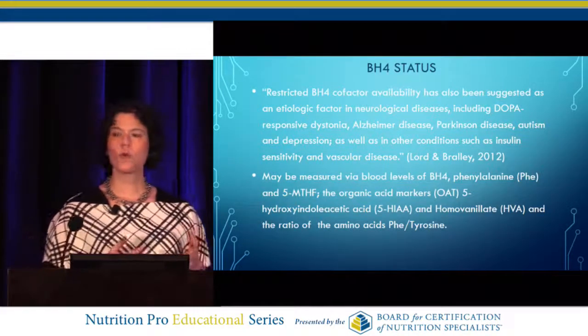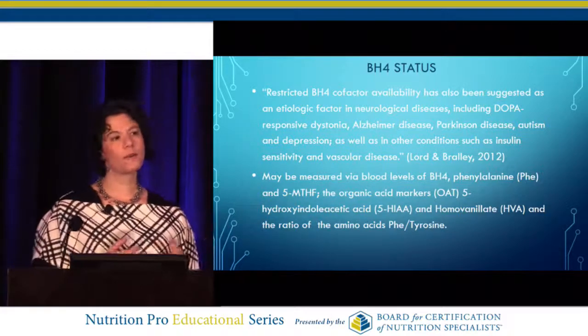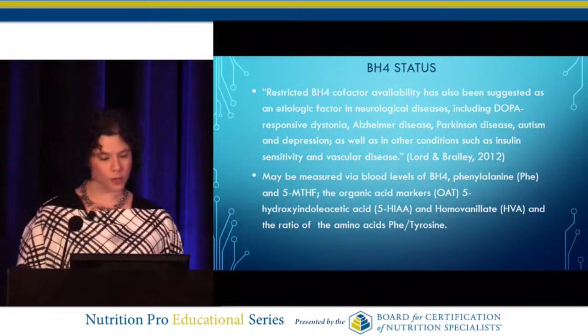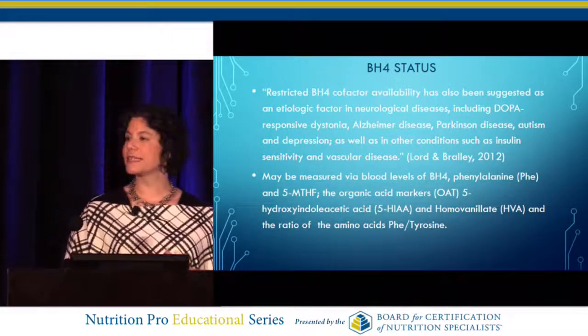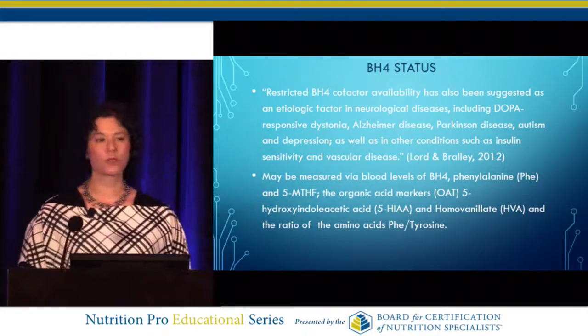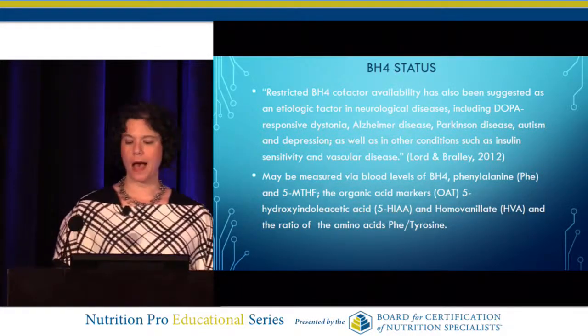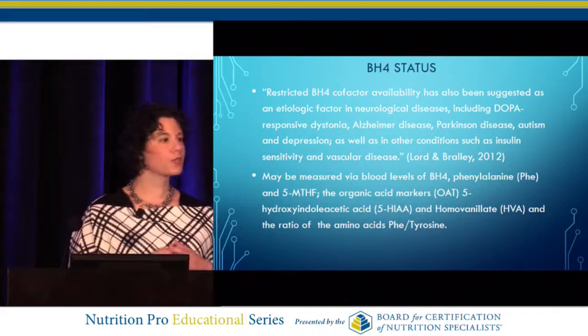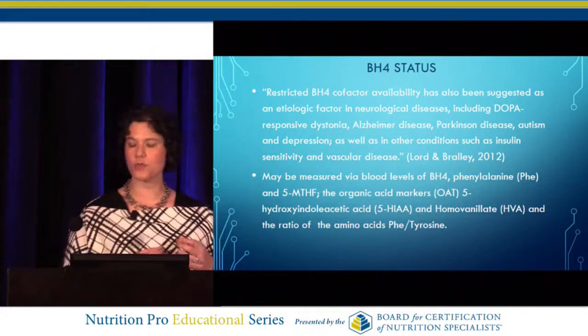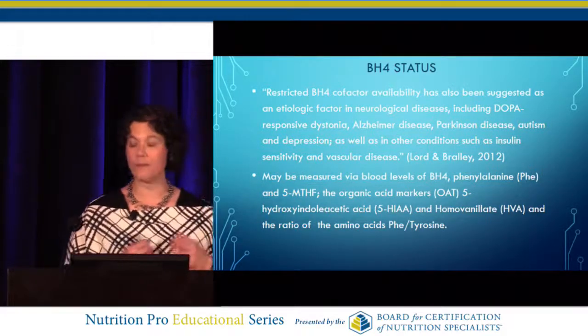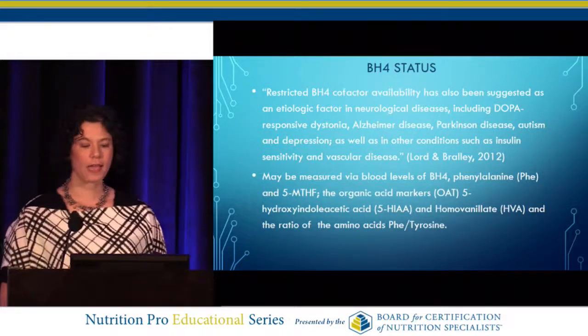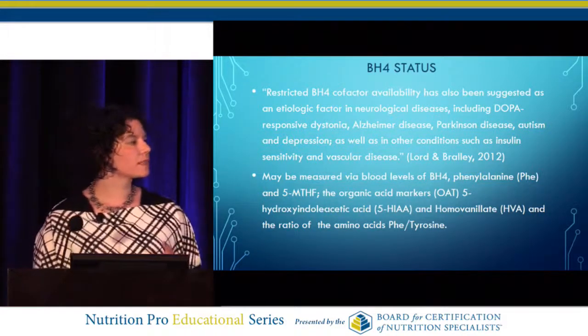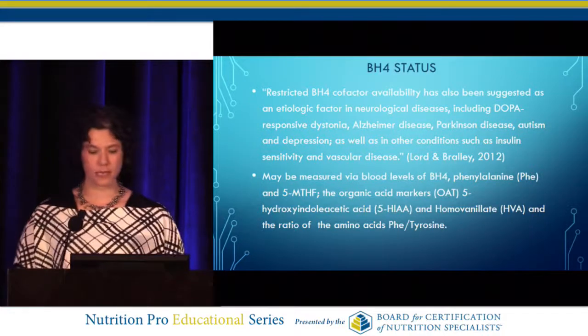Okay, so again, BH4 is very important for production of our neurotransmitters. Accordingly, you're going to see its involvement in various neurological diseases, ranging from dopa-responsive dystonia to autism, Alzheimer's disease, Parkinson's, and certainly depression. It can also be related to insulin sensitivity and vascular disease.